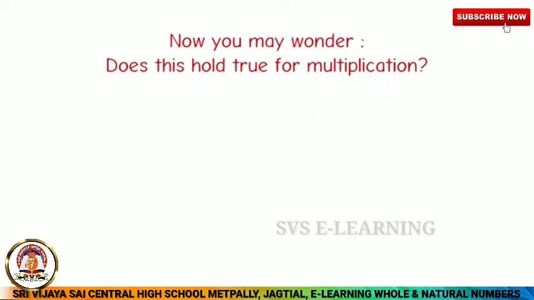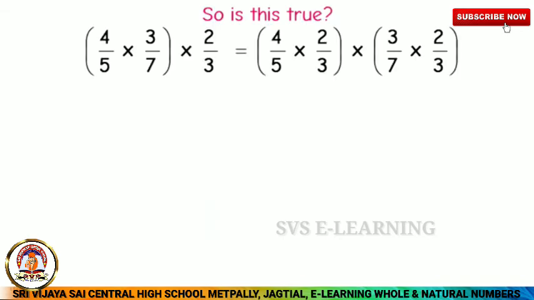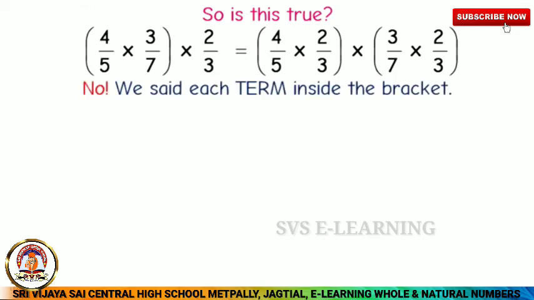Now, you may wonder, does this hold true for multiplication? Well, we know that whatever is multiplied to the bracket applies to each term inside the bracket. So, is this true? 4 upon 5 multiplied by 3 upon 7 into brackets multiplied by 2 upon 3 is equal to 4 upon 5 multiplied by 2 upon 3 into brackets multiplied by 3 upon 7 multiplied by 2 upon 3 into brackets?